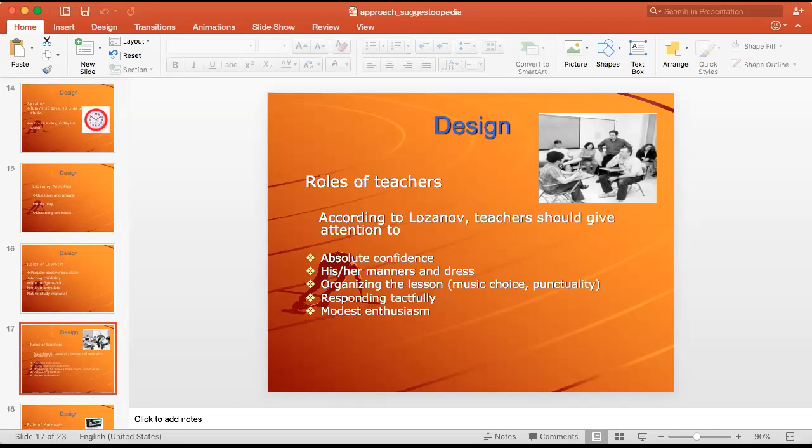So she's the one who is organizing the lessons. She's the one who selects the music, who selects the dialogues also, and she keeps the class energetic, enthusiastic, through making the environment which is the requirement of Suggestopedia.